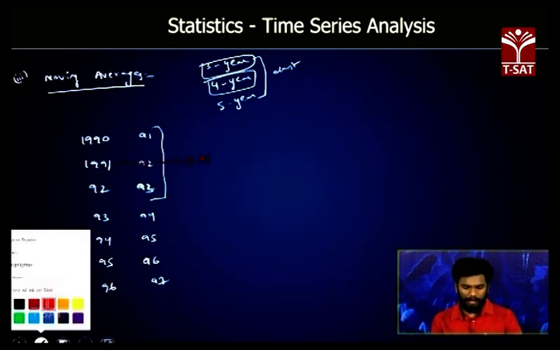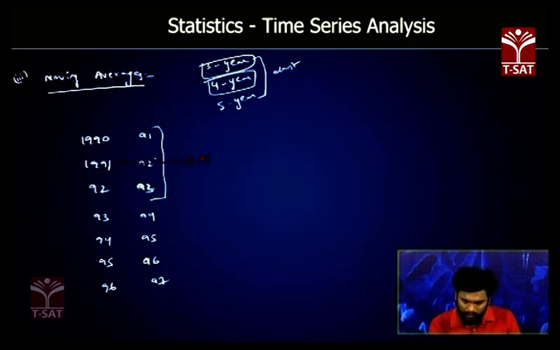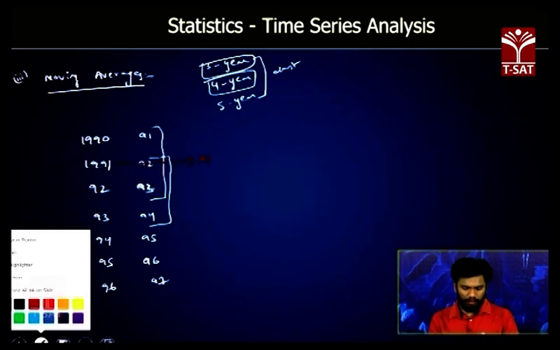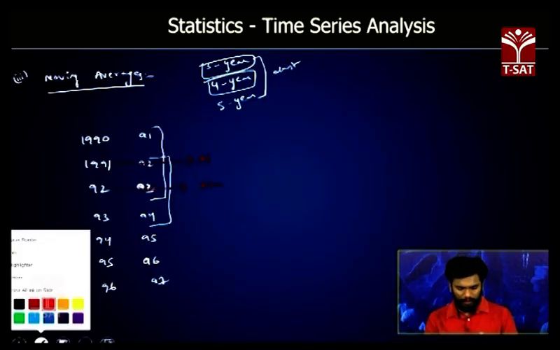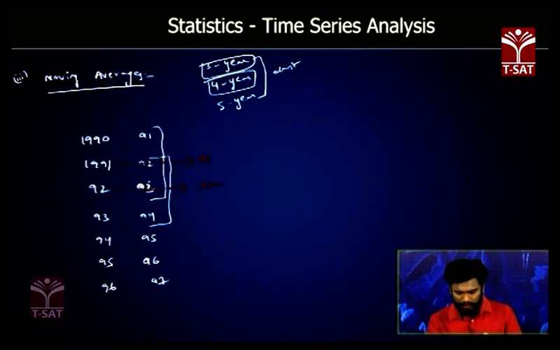Now I will find the average of the next 3, that is A2, A3, and A4, and assign that average to the middle year, 92. Now again I will find the average for the next 3 numbers, A3, A4, and A5, and assign that value to the middle year, that is 93.